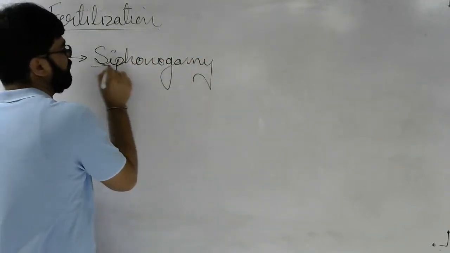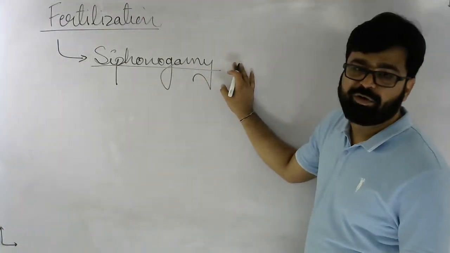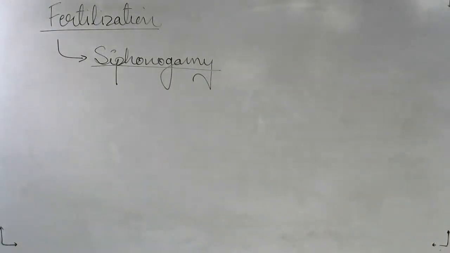Siphonogamy. Okay, fertilization with the help of formation of pollen tube. Characteristic feature of angiosperm. All right.